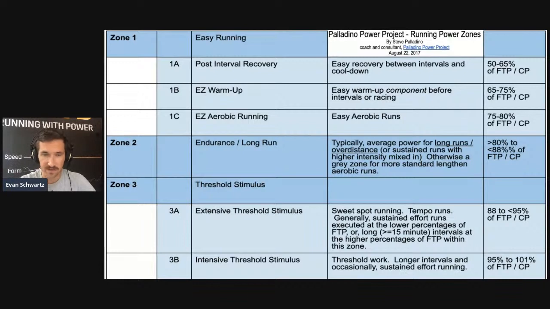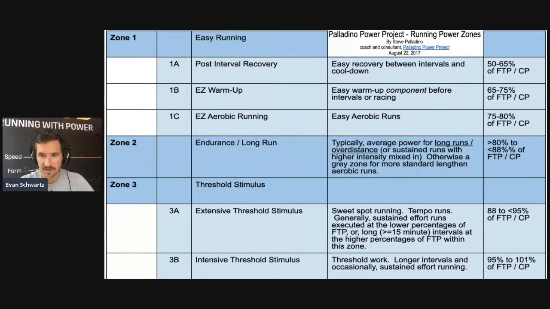Above extensive threshold, we have intensive threshold, and this is 95 to 101% of your critical power. Typically, this will be longer intervals and occasionally sustained effort running, but still broken up into intervals. You can absolutely work between the threshold stimulus, extensive and intensive.